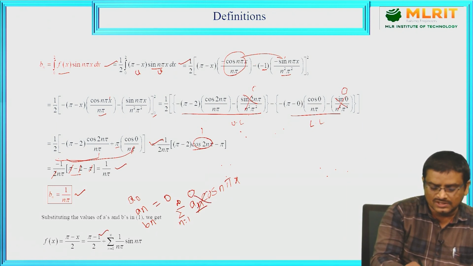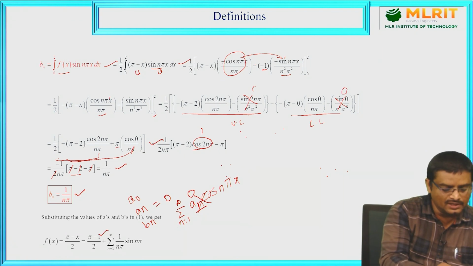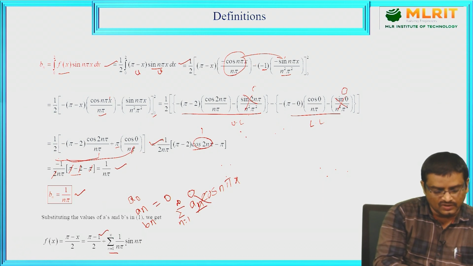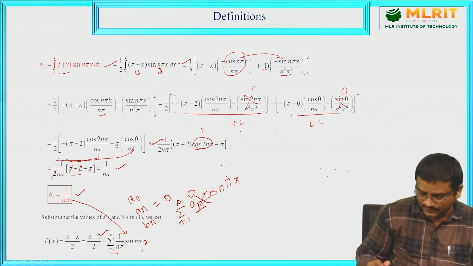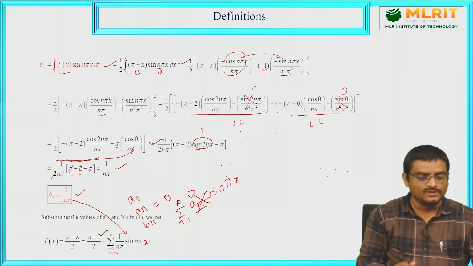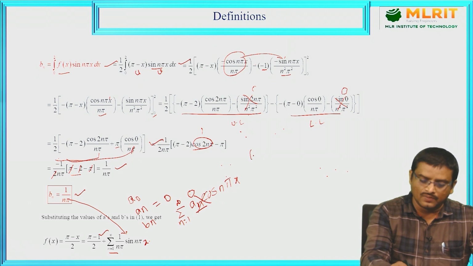So this An term is 0, so we can neglect the second term. Now you consider that Bn term, that is third term, summation n is equal to 1 to infinity Bn, we got that Bn is equal to 1 by n pi sin n pi x.